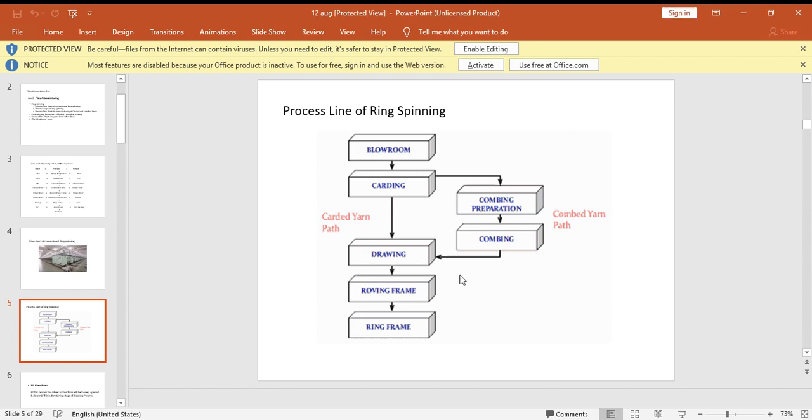And again, we can go from blow room to carding to comber preparation, then combing, then again to drawing frame and ring frame. And this is the process line of ring spinning.